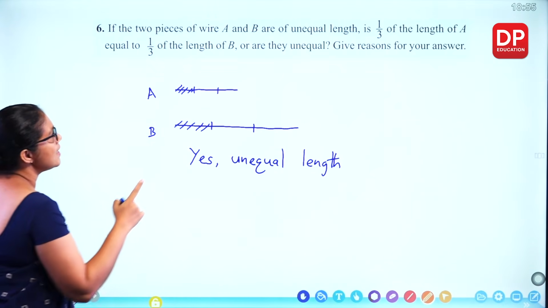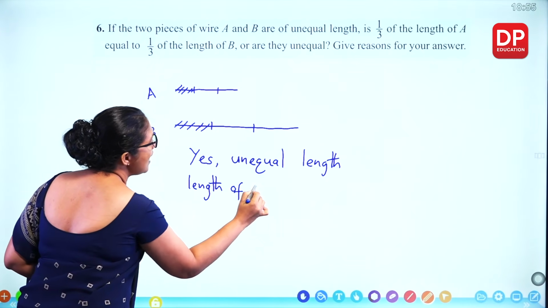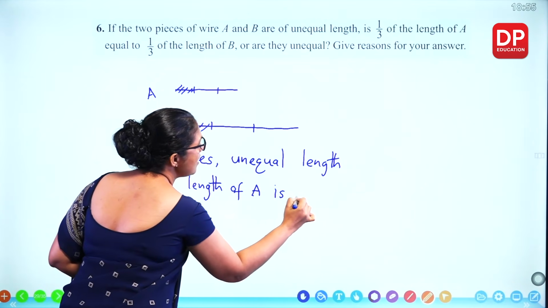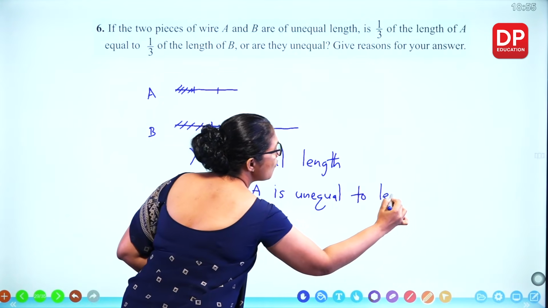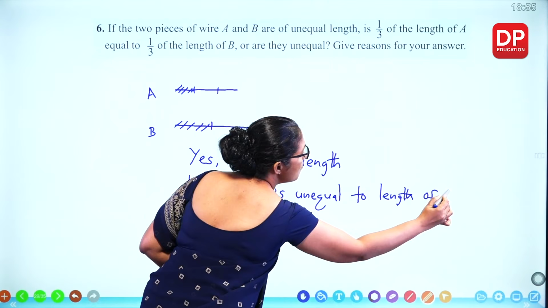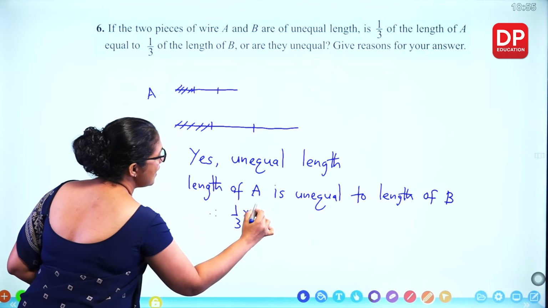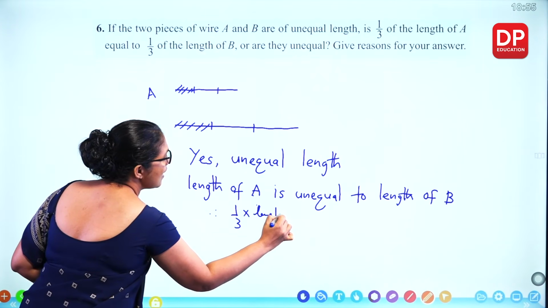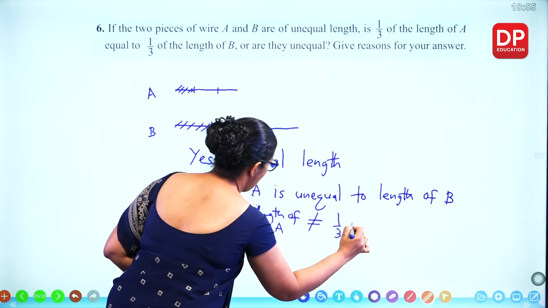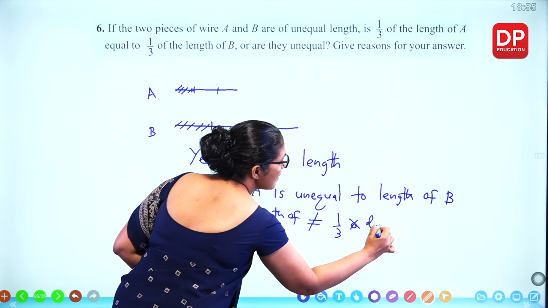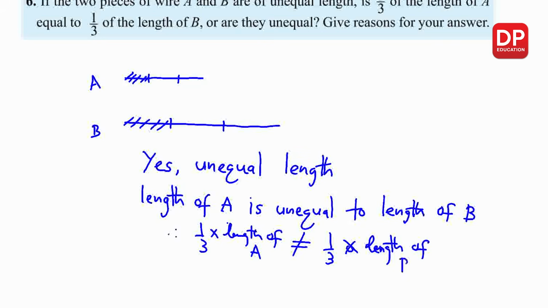You can write: length of A is unequal to length of B. Therefore, 1/3 of length of A is unequal to 1/3 of length of B. So that's the reason.